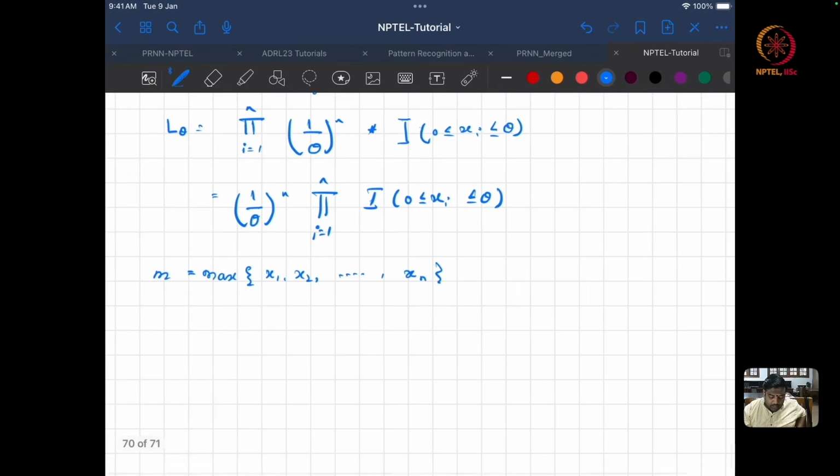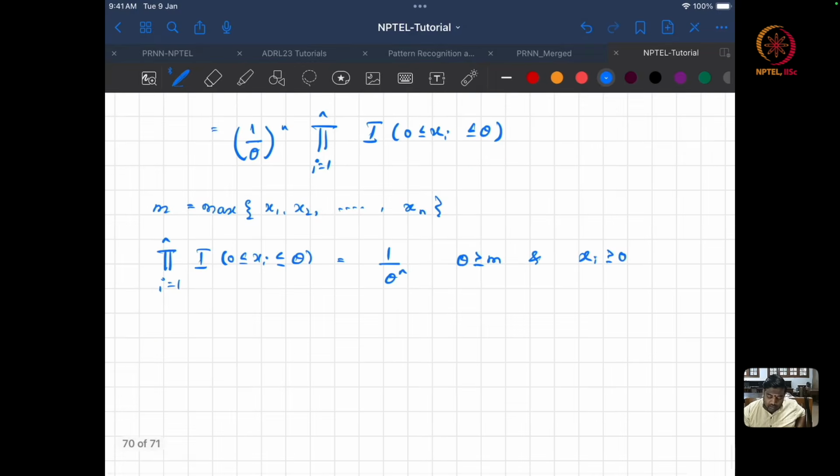Now the product of these indicators will be 1 over theta to the power of n if theta is greater than or equal to m, and xi also should be greater than or equal to 0, right? Okay, 0 otherwise.